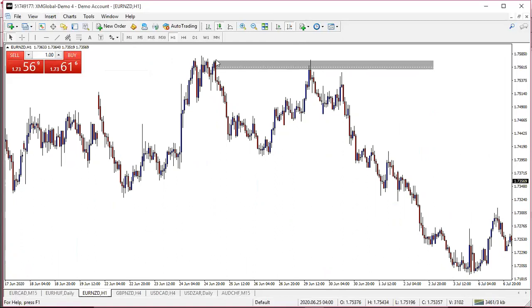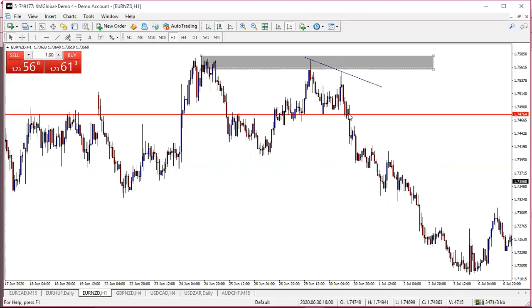It's rejected there. From there, it's rejected there, and then it came back, created another high, which didn't reach that high. You can see it's starting to create descending highs. There is your neckline. Yeah, broken, and then it's just dropped.